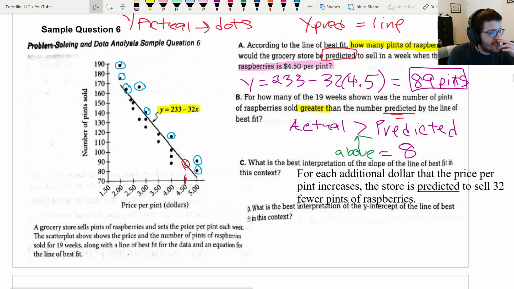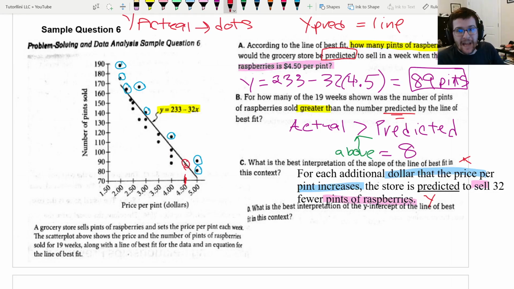So for each additional x, in this case, increase in x. In this case, the x is the price per pint. The y, the pints of raspberries sold, the slope is negative 32.